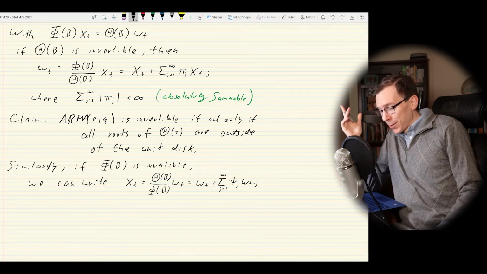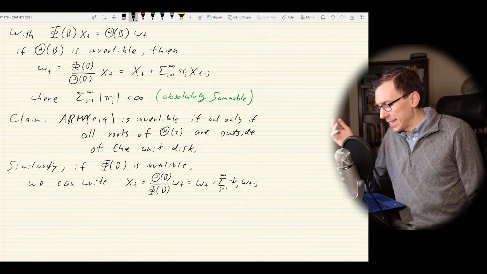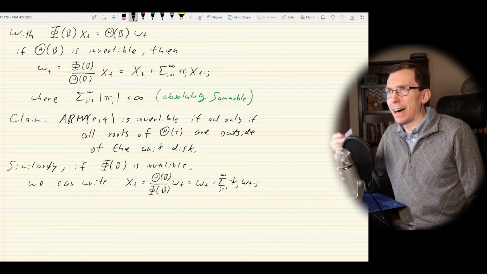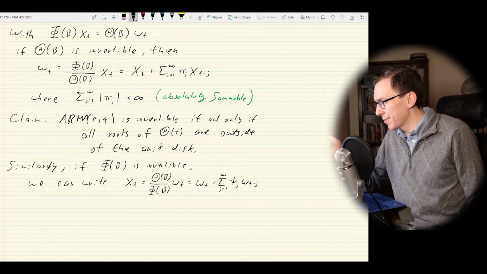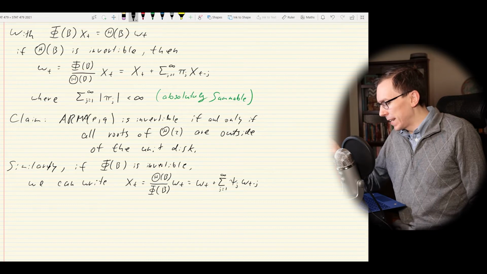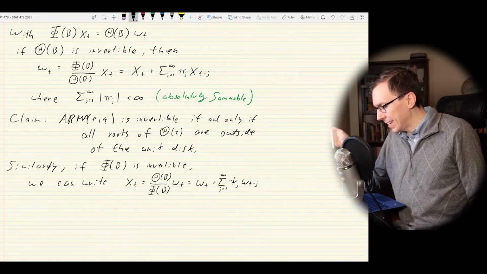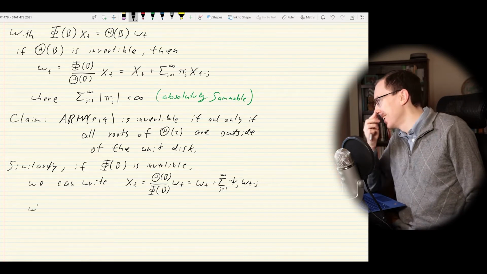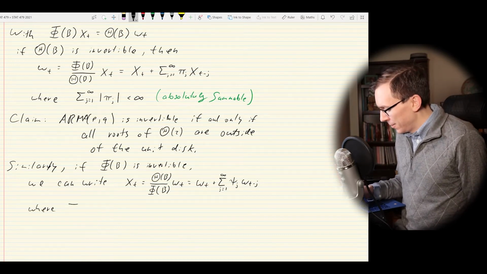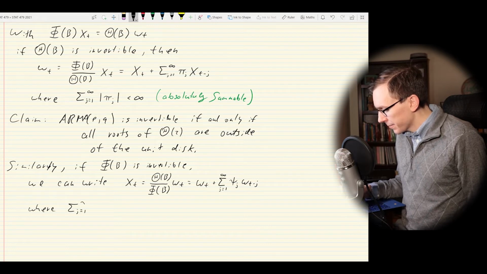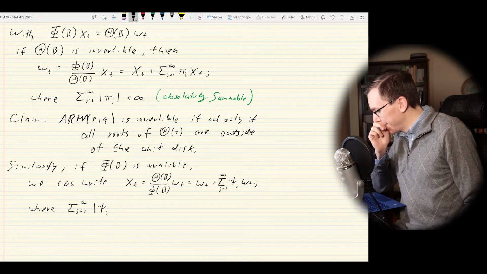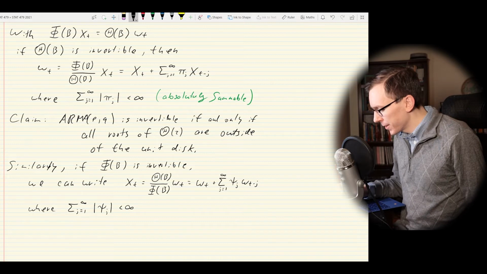So now what we're saying is that if I can divide by capital phi, if it has an inverse that makes sense, then I can end up writing out my ARMA process as a causal linear process. And this is where the sum j from 1 to infinity of the absolute value of the phi's, I think, oh yeah, no, we already assumed that. Yeah, good, we're good. Is finite.